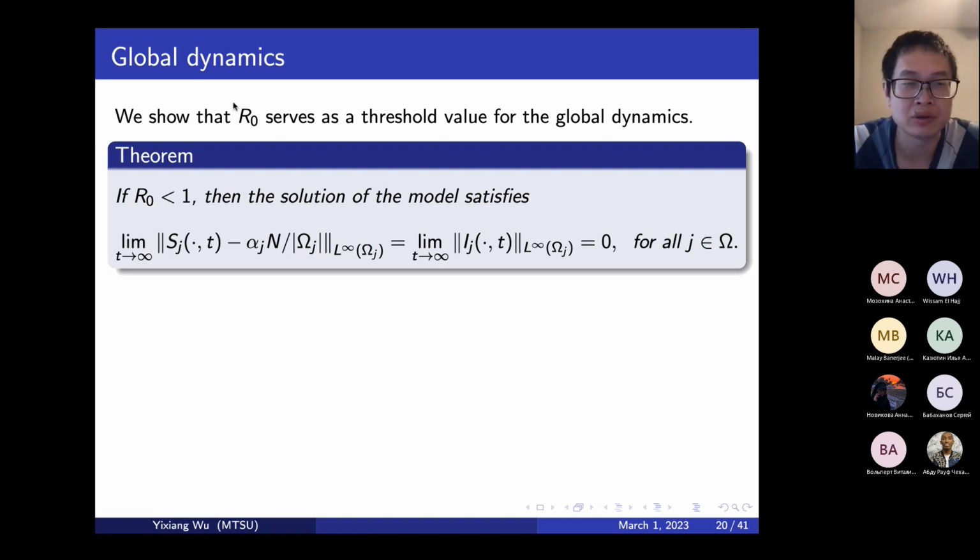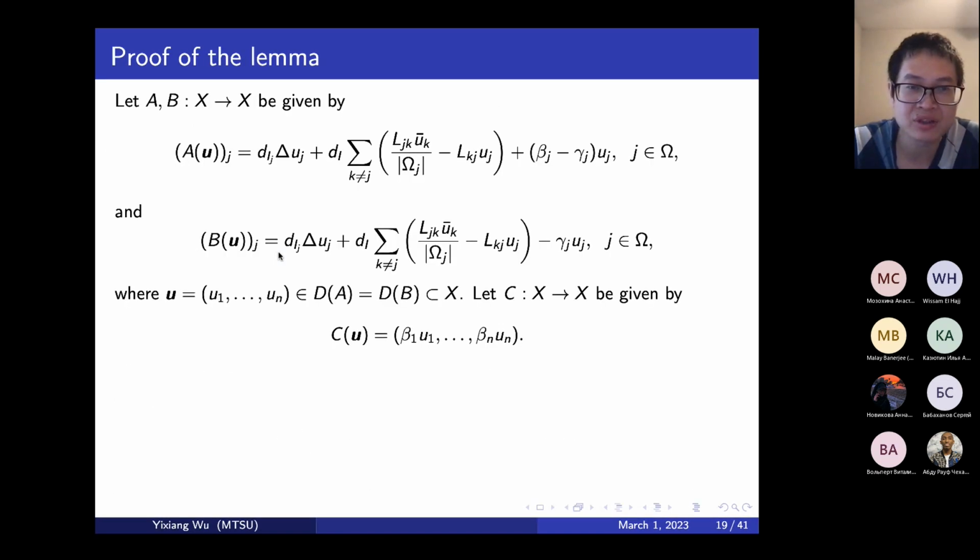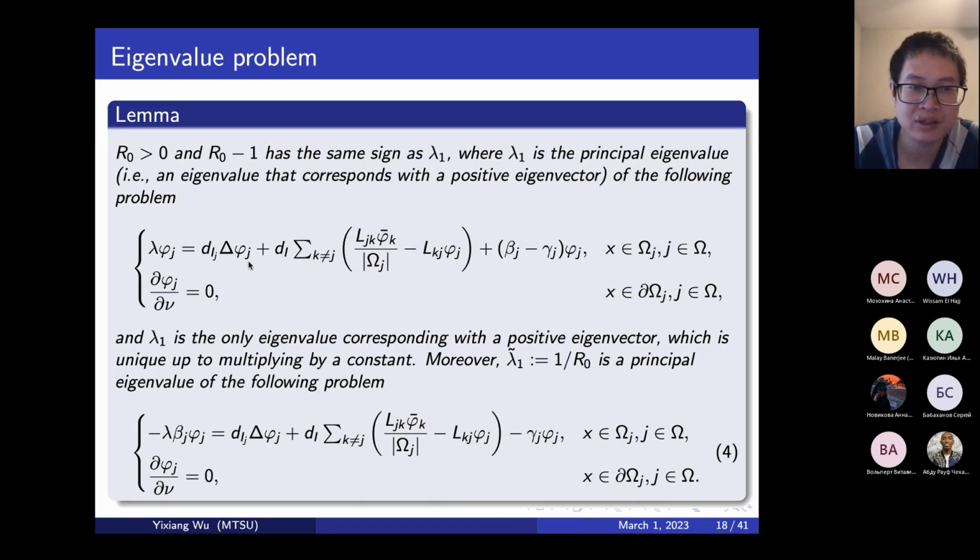Now I will talk about the global dynamics. R0 is a threshold value for the global dynamics. If R0 is less than 1, then the solution of the model just converges to the disease-free equilibrium. Well, this is actually quite obvious. If R0 is less than 1, then the principal eigenvalue here is less than 0, right?